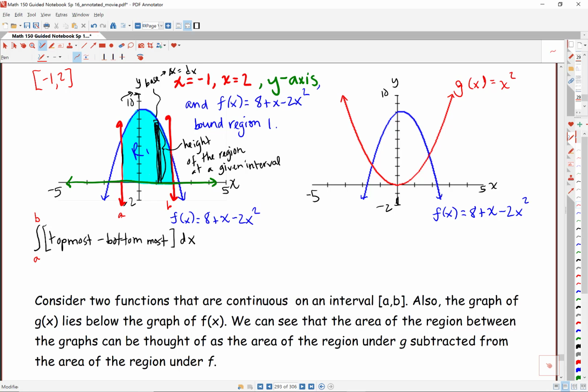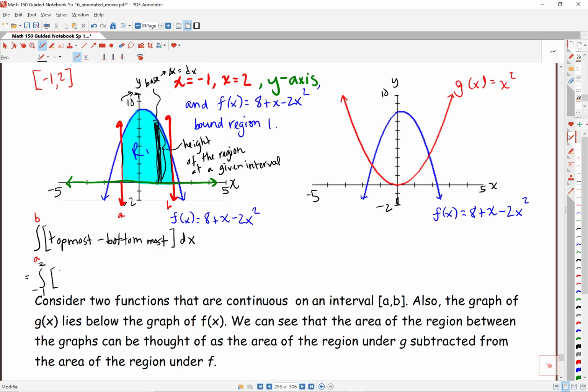So in our picture, we have the integral from what to what? Good, -1 to 2. And then our topmost graph is what? Perfect.